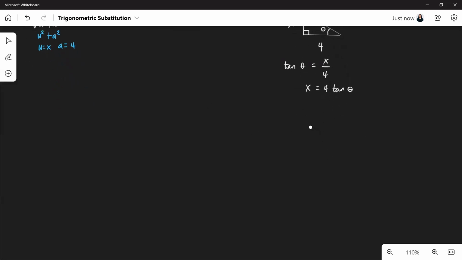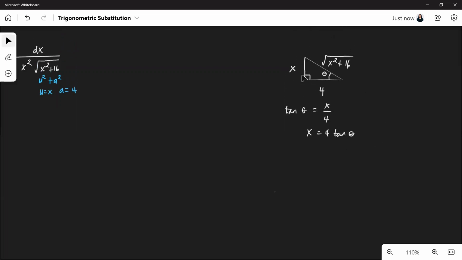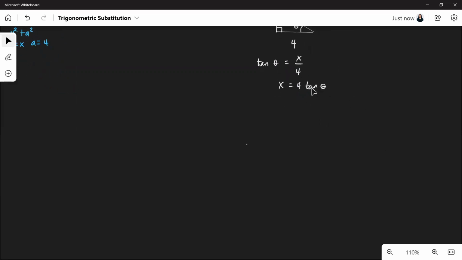If, for example, you interchange the x and the 4, and you used 4 for the opposite side and x for the adjacent side, you can use cotangent, actually: adjacent side over opposite side, x over 4.